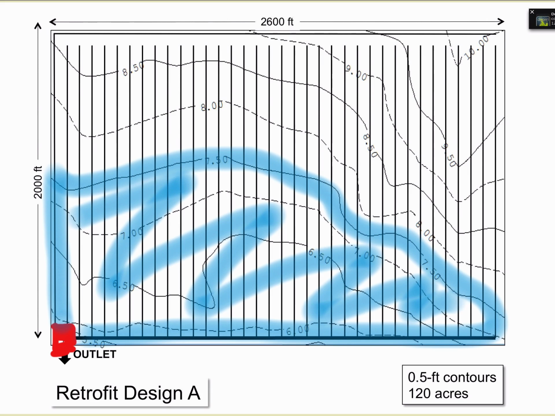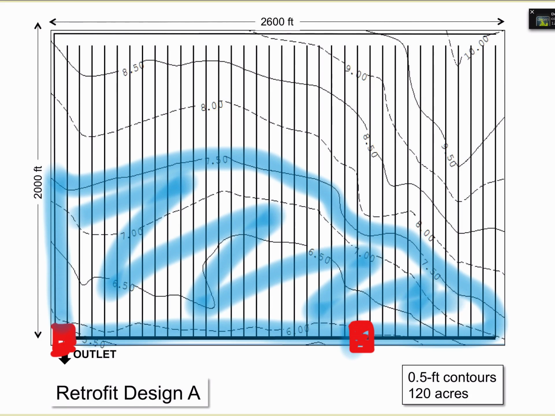So as I look now to the right along the main from the first structure, where would I place it? Maybe I would place it here where the 6 foot contour line crosses the main. Let me switch colors, and that would be right about here. Maybe I would place my second structure there.